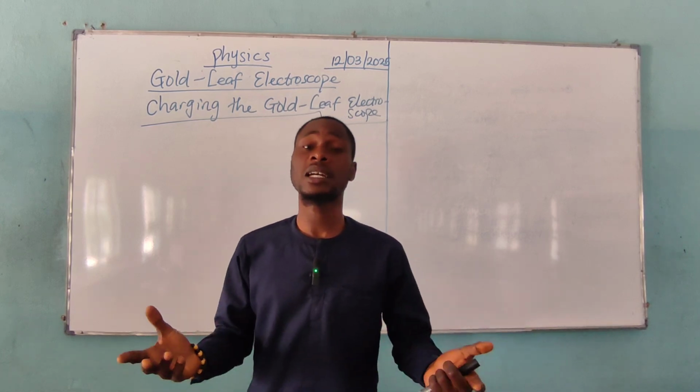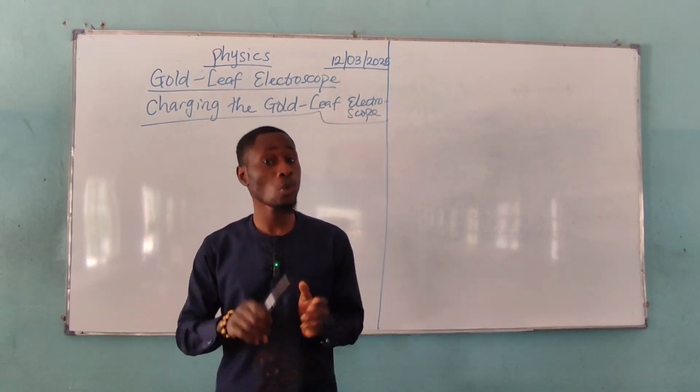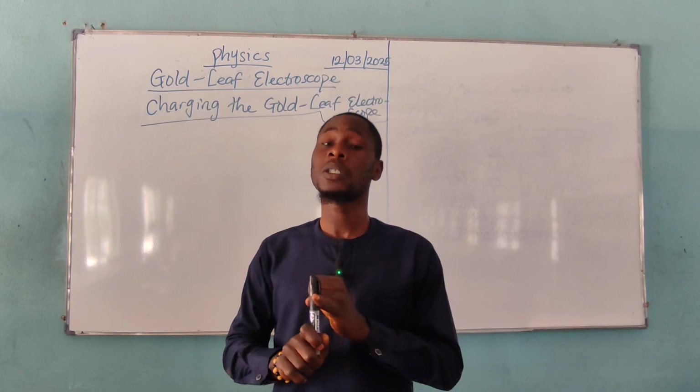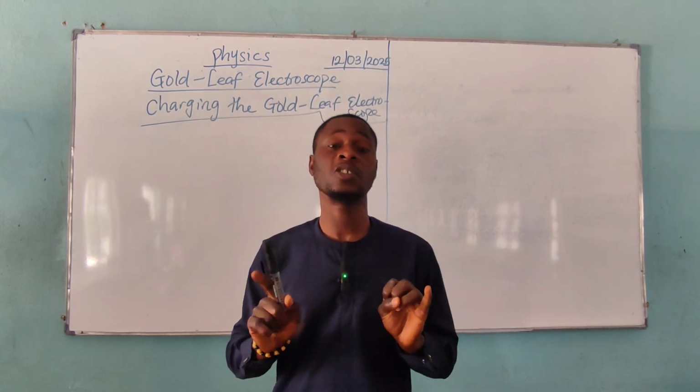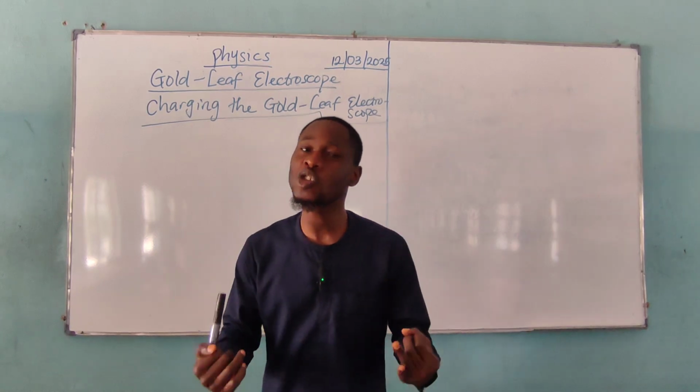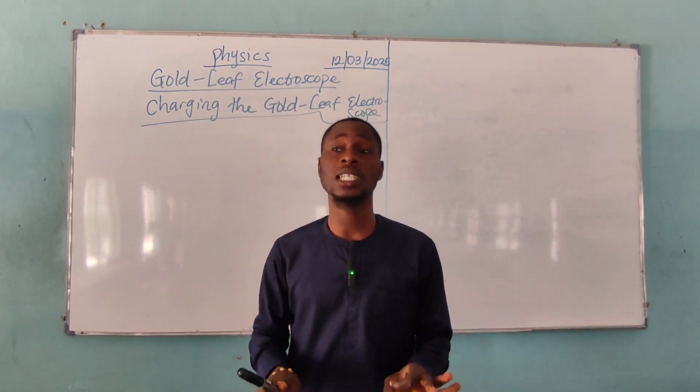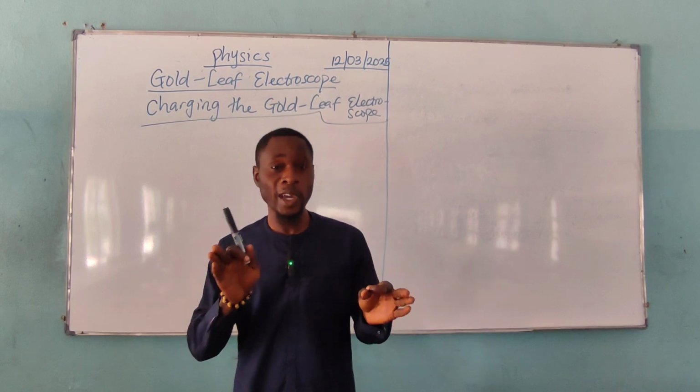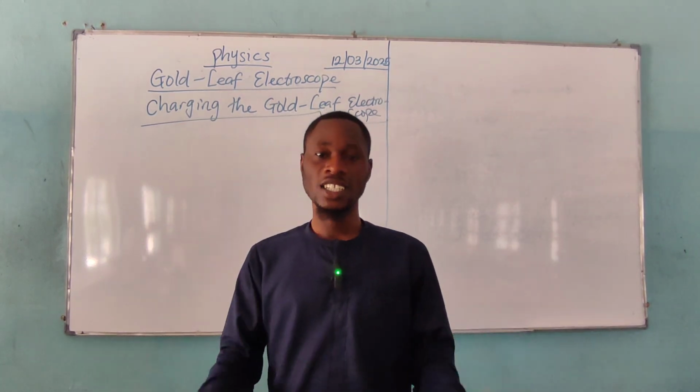Remember, we already said that we can use our gold leaf electroscope to, one, test or detect the presence of a charge in a body. Secondly, to know the nature of a charge on a body. And thirdly, to distinguish between conductors and insulators.